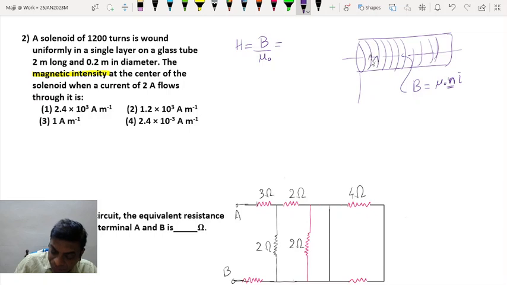So when you substitute the values, mu naught gets cancelled. Since it is air, I have taken mu naught. Nothing is mentioned, so we have to take it as air.